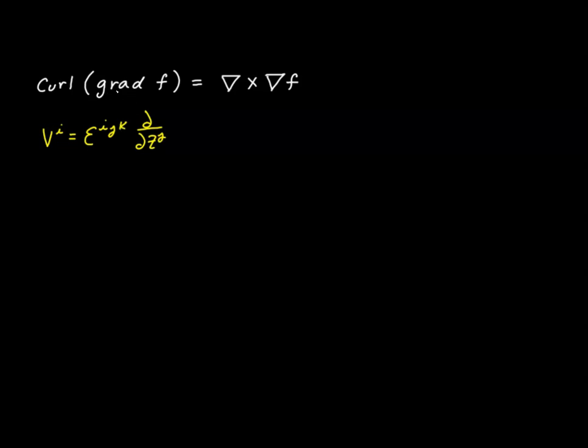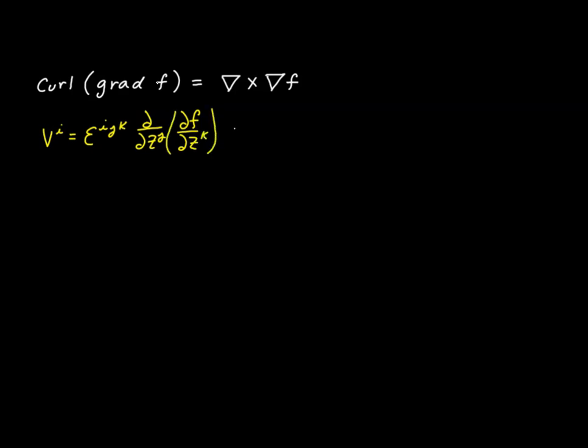Well, what is the covariant vector component of the gradient? That's simply the covariant derivative of our function f, or in the case of a scalar function, that's just the partial derivative. So this is going to be the partial of f with respect to z^k.